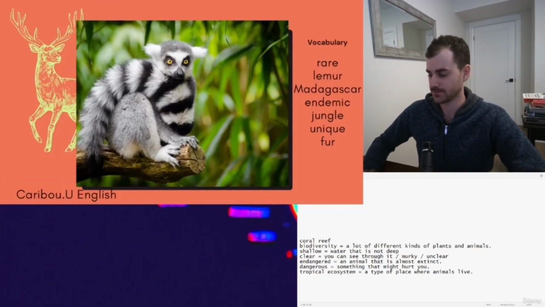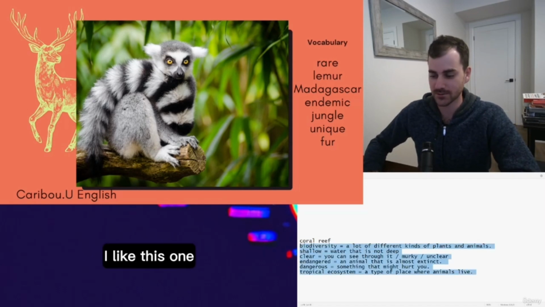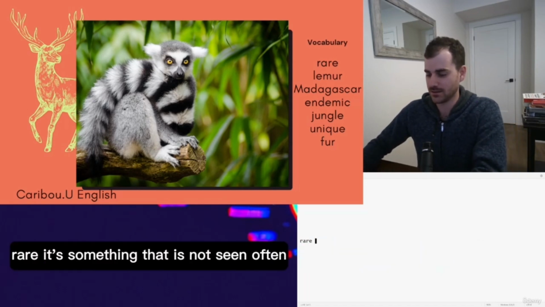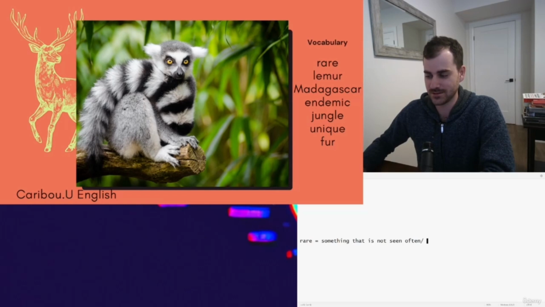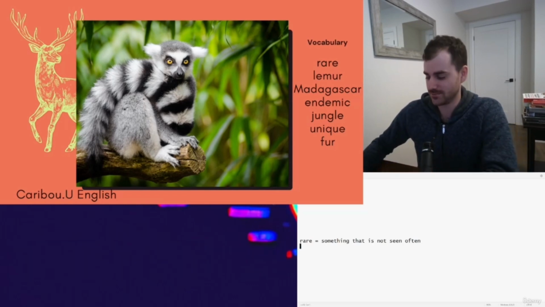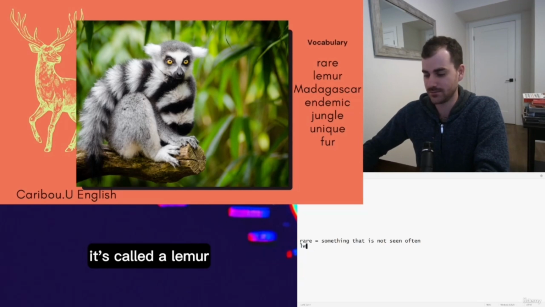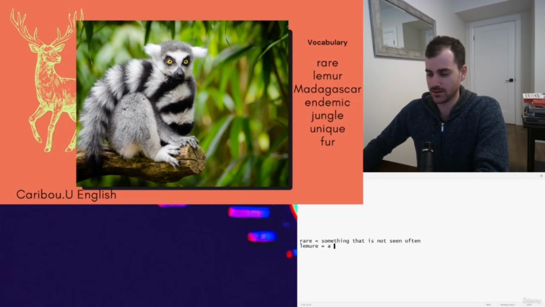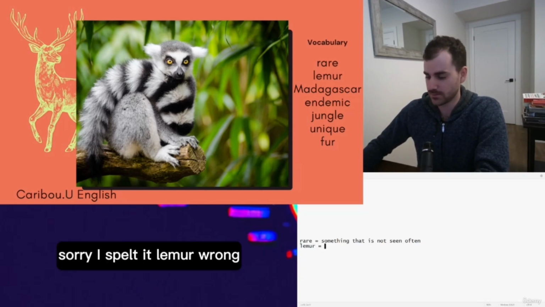Third picture. I like this one. Rare. It's something that is not seen often. So you could say this animal is very rare. It's called a lemur. Sorry, I spelled it wrong.